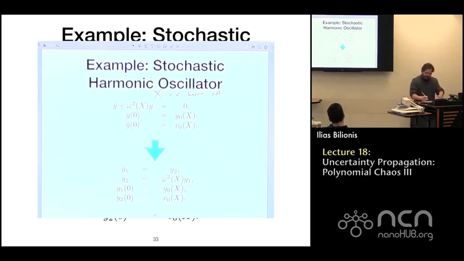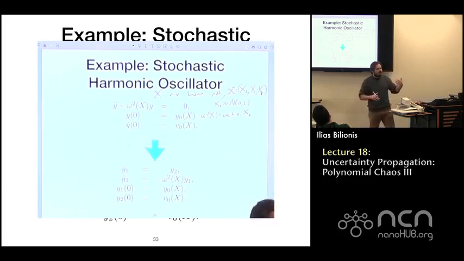So for example, I can take that x to be three random numbers, x1, x2, x3, all of them standard normal, and I can for example say that omega of x is just some natural frequency plus a little bit of noise, x1.